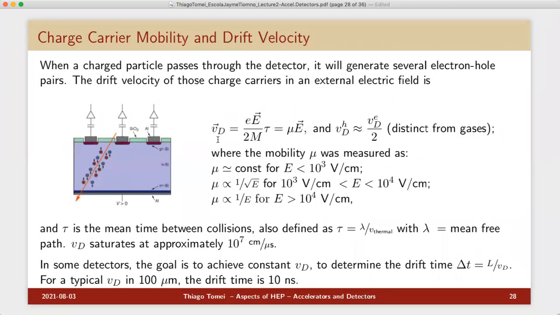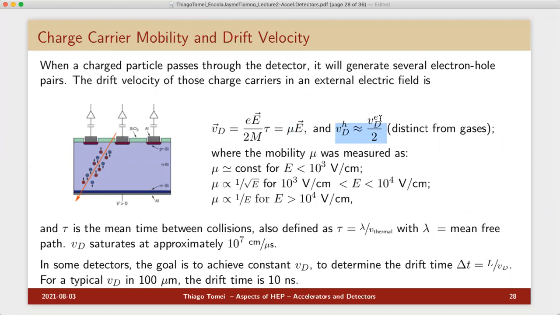You have a diffusion velocity, which is a function of the electric field, which is a function of the electric potential, and you have some mobility, which depends on if you're talking about the electron or the hole. The electron and the hole are very similar, just a factor of 2 difference.